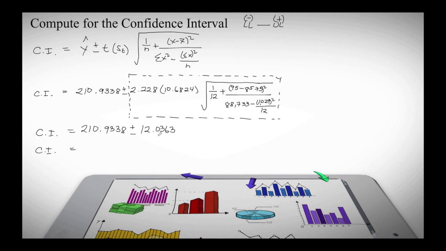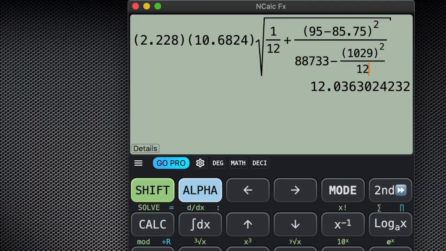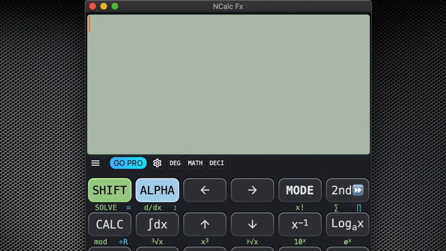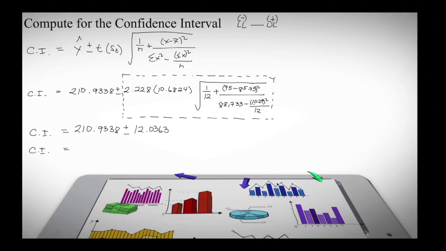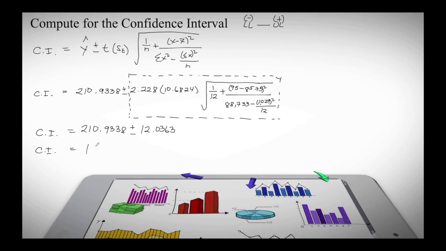210.9338 minus 12.0363. Okay, so lagay natin dito. 210.9338 minus 12.0363. So, this will be our lower limit, no, yung lower part ng ating interval, 198.8975.